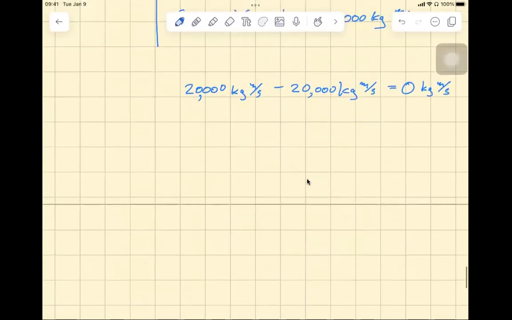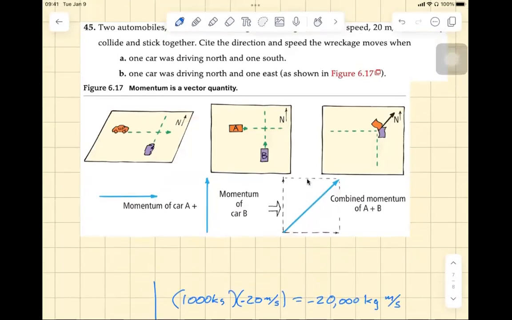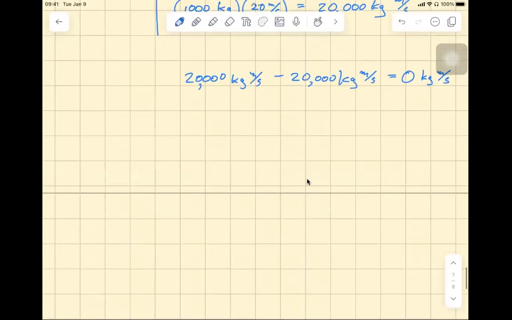Okay. Now, part B, one car was driving north and one east, the way it shows in the little figure. And they even give us the hint. It looks like it's going to be going 45 degrees. The resultant is going to be, let's draw a little diagram.